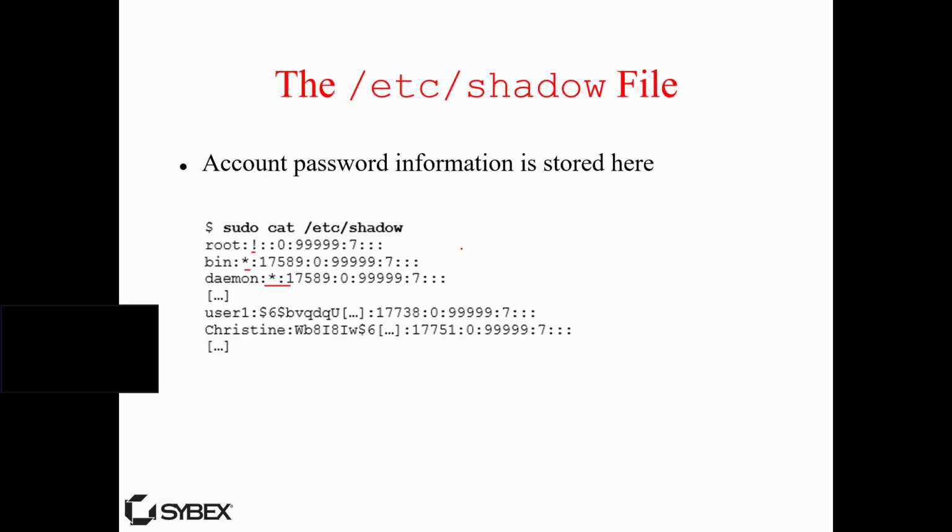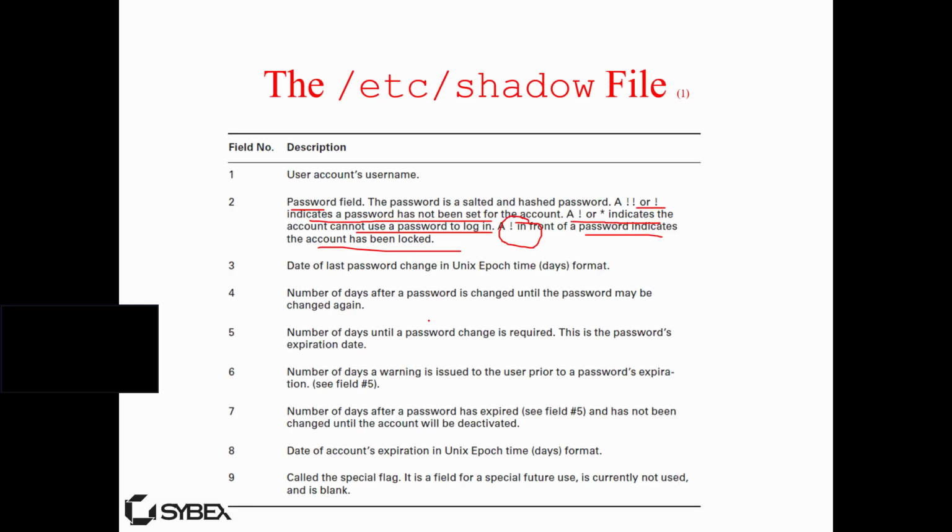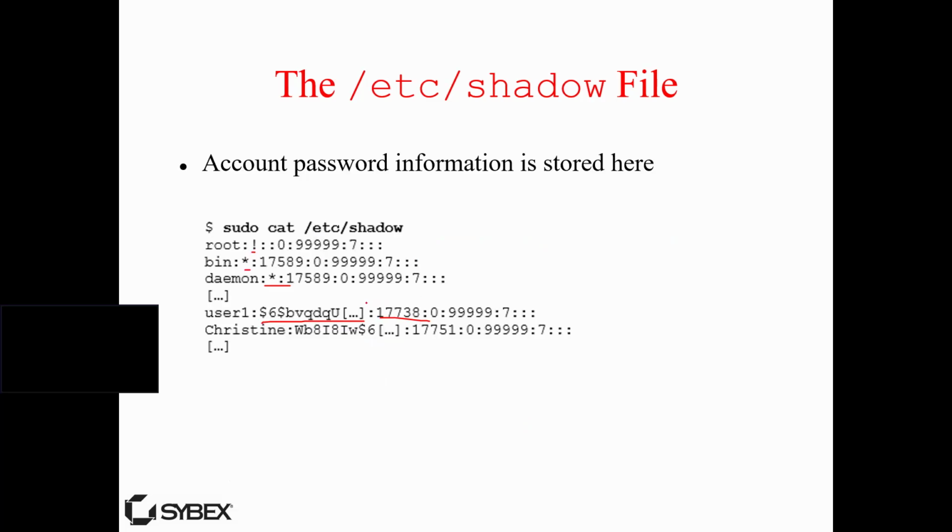And the third field, after the password hash, is the date of last password change. So here there is an interesting term called epoch time, Unix epoch time. Let's say this is the last time the password was changed: 17738. So it's not human friendly.